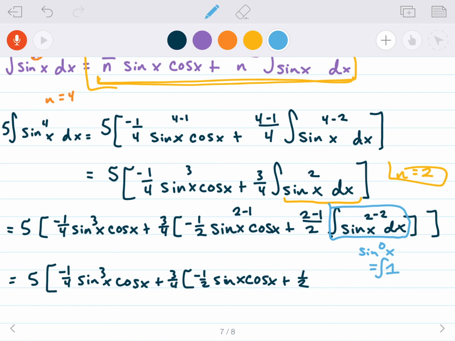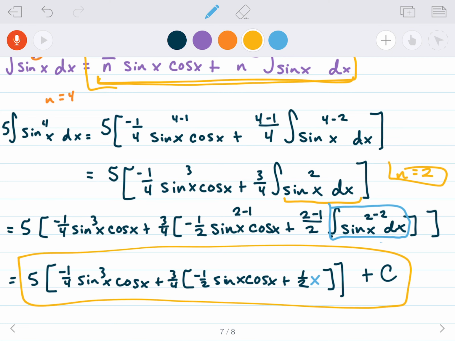So this is just the integral of 1 dx, which just becomes x. And then we have our plus c at the end. So that is our answer here.